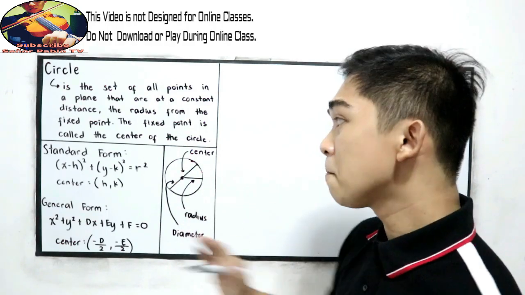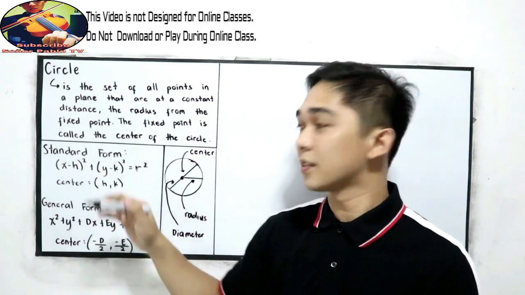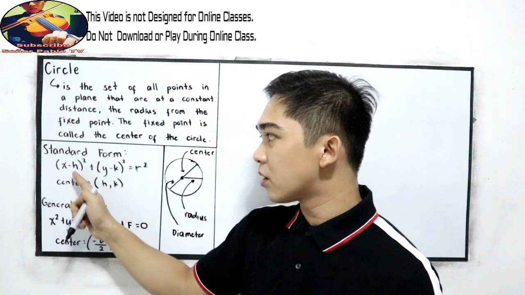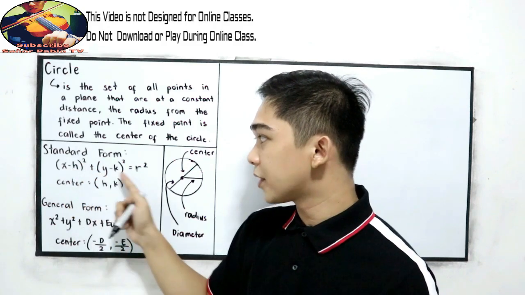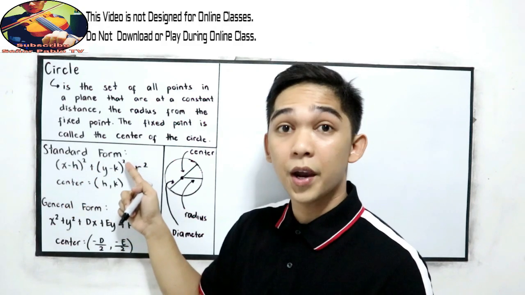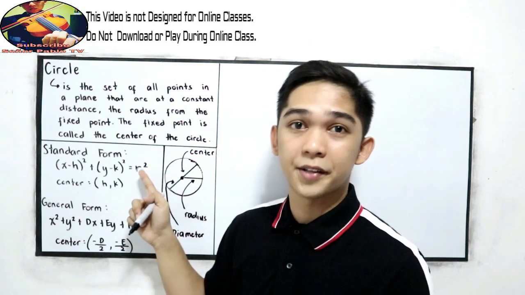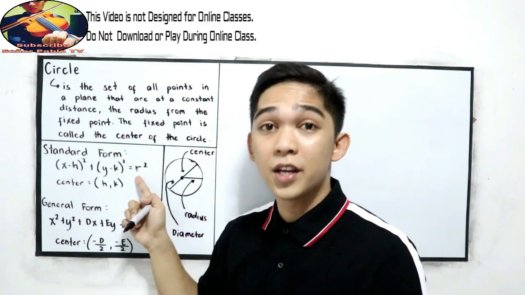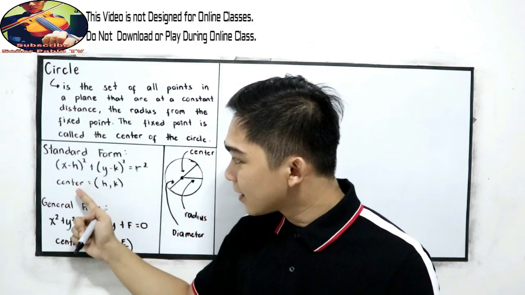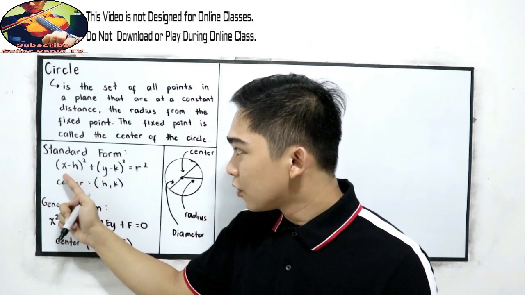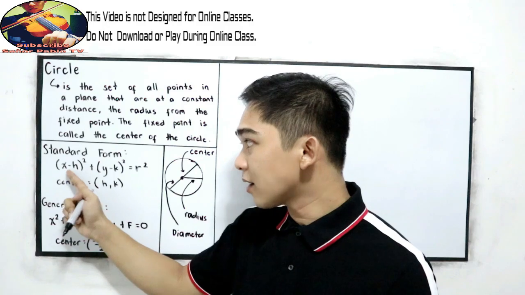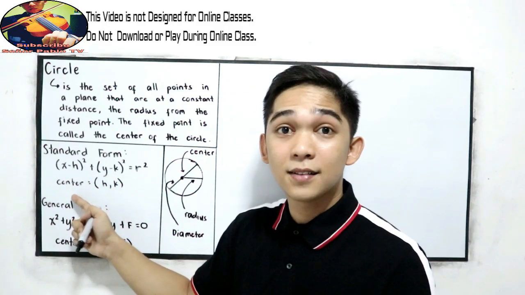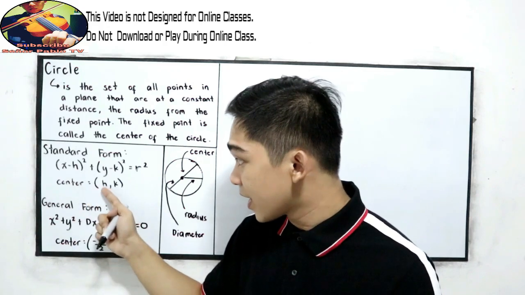In our circle, we have the standard form. This is the standard form: quantity x minus h squared plus quantity y minus k squared is equal to r squared, wherein r is our radius. And if we are going to get the value of x or y, we will find the center. The center is (h, k).